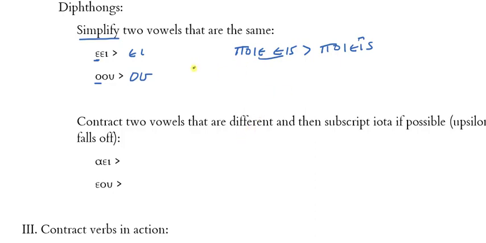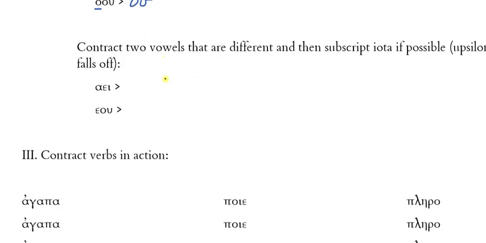Now, what if my contract vowels are meeting a diphthong where the first member of the diphthong is not identical to the contract vowel? For example, I could have an alpha meeting an epsilon iota. The alpha and the epsilon are not the same. Okay? What happens here? We're going to take the two vowels that aren't the same and form a contraction with them.